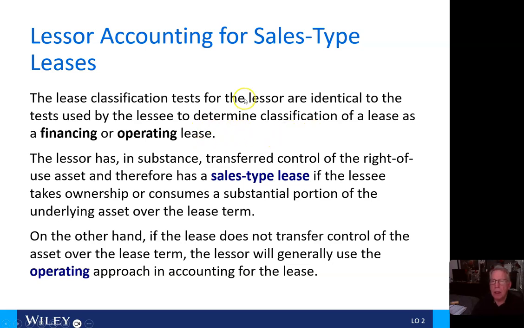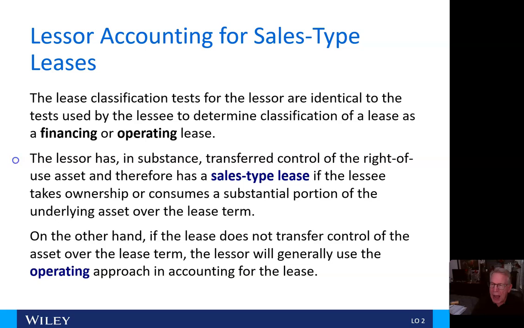Okay, accounting for sales type leases. The lease classification tests for the lessor are identical to the tests used by the lessee to determine classification of a lease as a financing or operating lease.